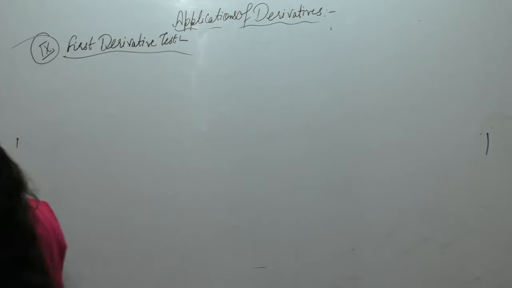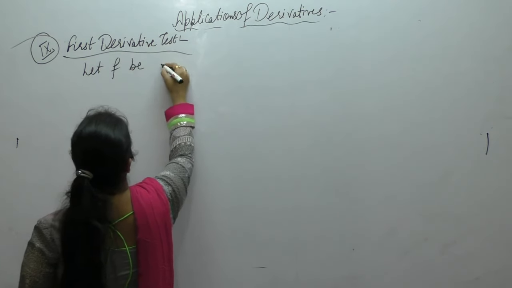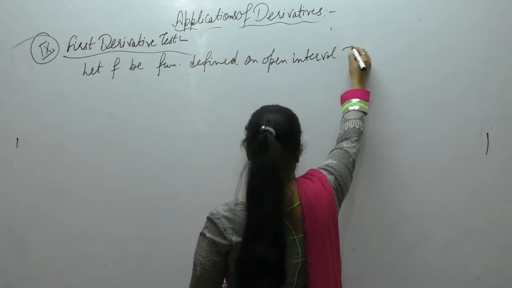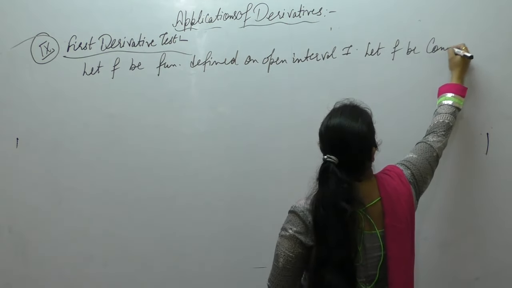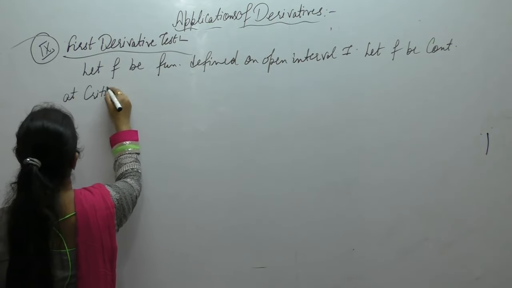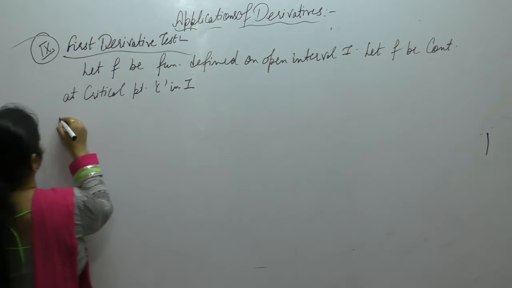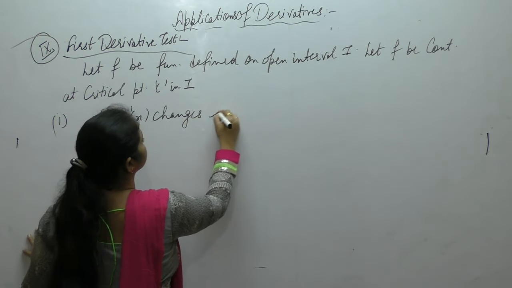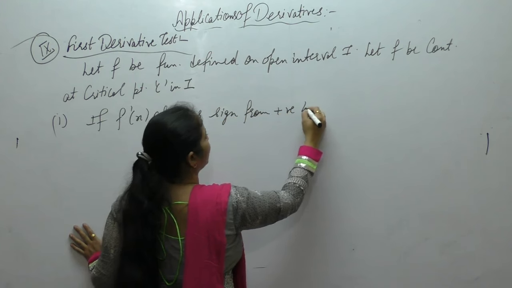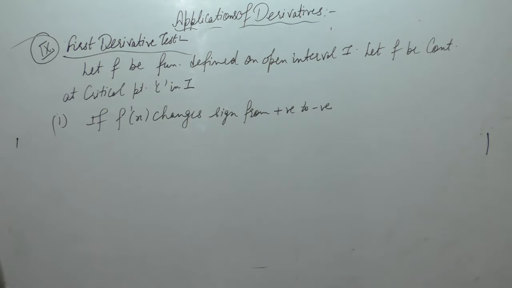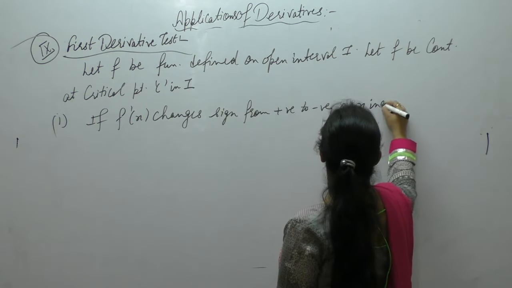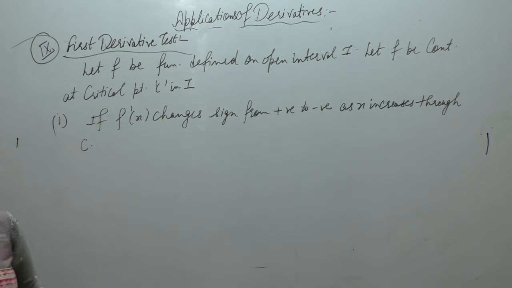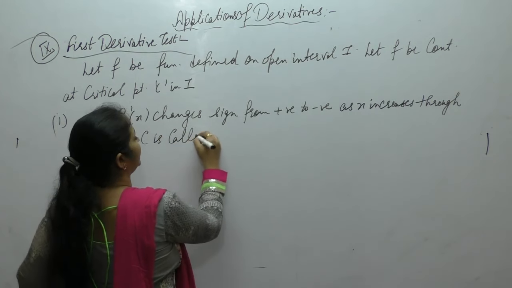Let f be a function defined on open interval I. Let f be continuous at critical point C in I. First case, if f dash x changes sign from positive to negative as x increases through C, then C is called point of local maxima.